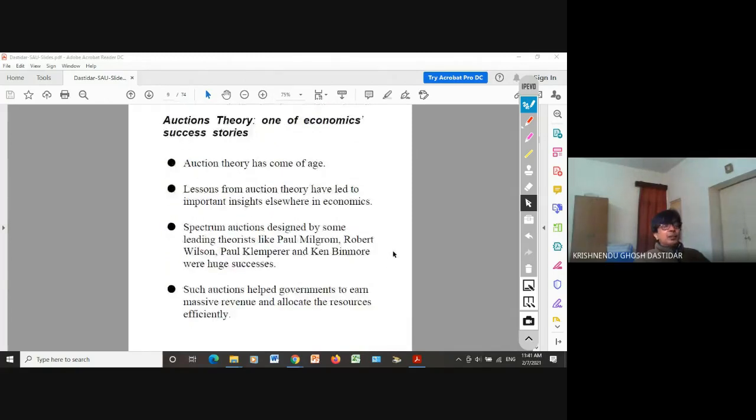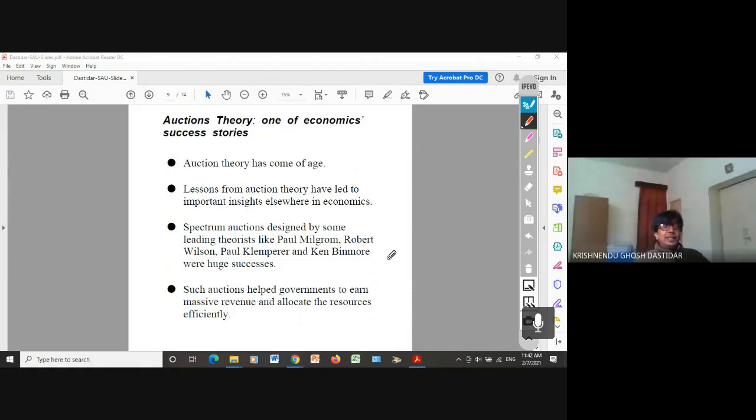Now, all I can say, auction theory has been one of economics' success stories. First of all, lessons from auction theory have led to important insights elsewhere in economics. On a practical field, spectrum auctions designed by some leading theorists like Milgrom, Wilson, Klemperer, and Binmore were huge successes.